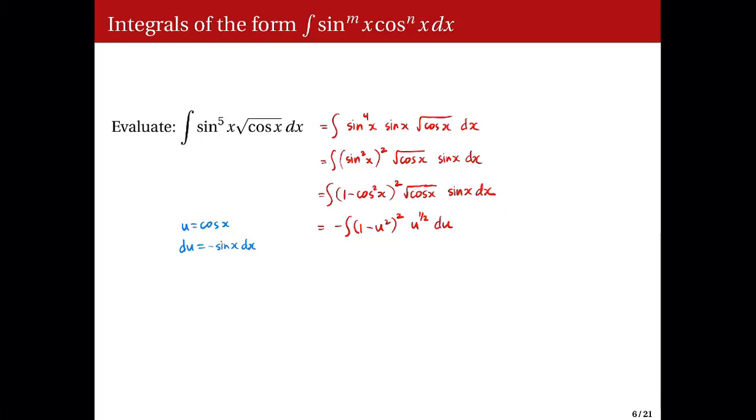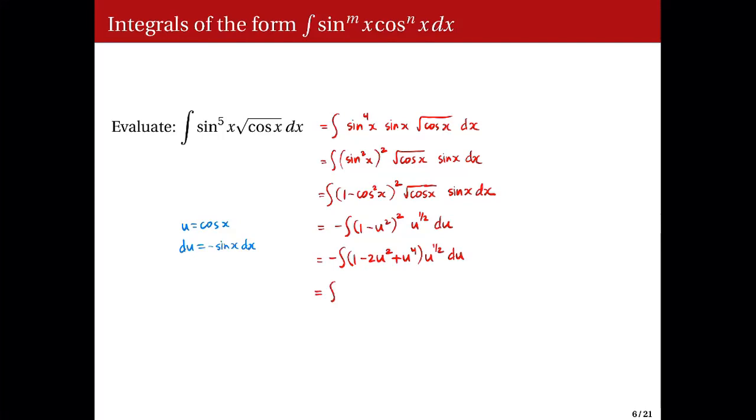And then for this, I'll just expand this. You have 1 minus u squared, squared. We have negative integral 1 minus twice u squared plus u to the 4, then u raised to 1/2 du. And then we can distribute the negative here, also u raised to 1/2.